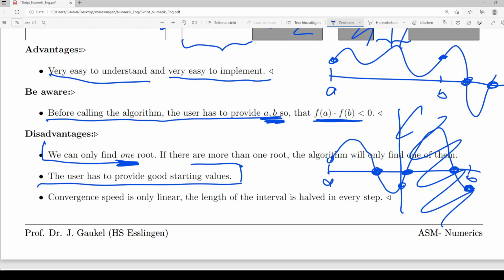This is a disadvantage. And also let's see how the other ideas compete on that point. Okay, and then convergence speed is only linear. The length of the interval is only halved in every step. That's not so clear if this is an only, because halving is not so bad.